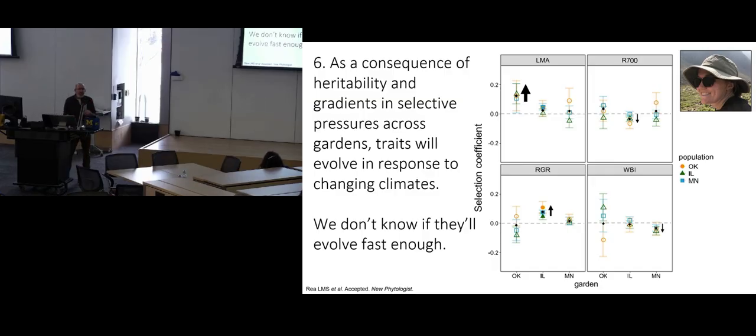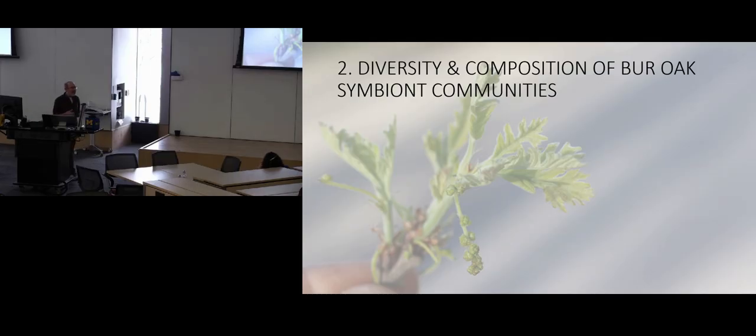So this is the first main project of the grant. It gives us a good idea that this variation that we see in bur oaks is functional and heritable. Now the question is, how does this variation affect the symbiont communities, the communities of organisms that live on and depend on bur oaks?